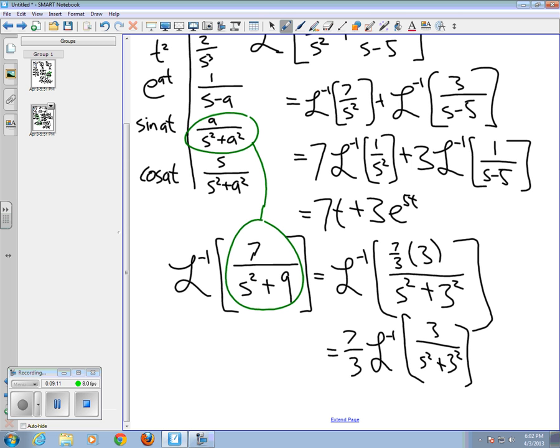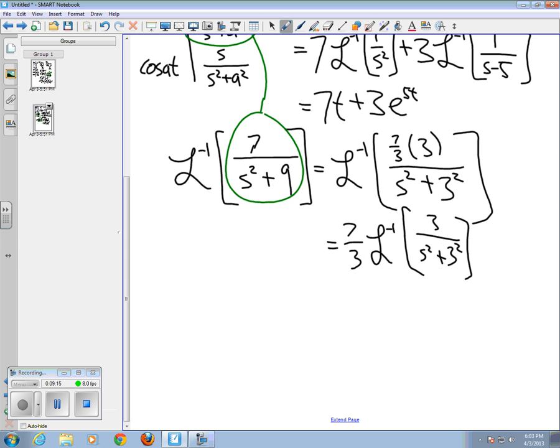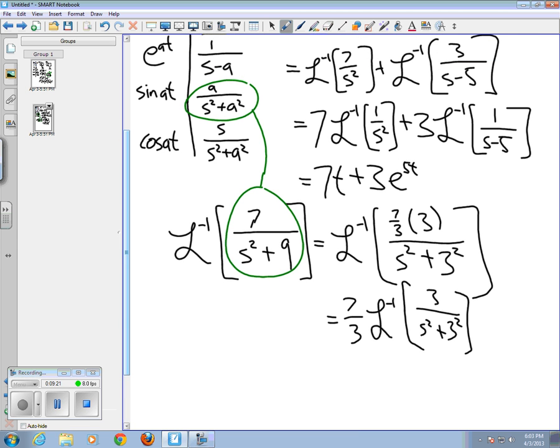So now that's the correct form to show us that our inverse Laplace transform will be a sine function. So this turns into 7/3 times the sine of at, and a is 3 in this case, so sine of 3t. So there's our inverse Laplace transform.